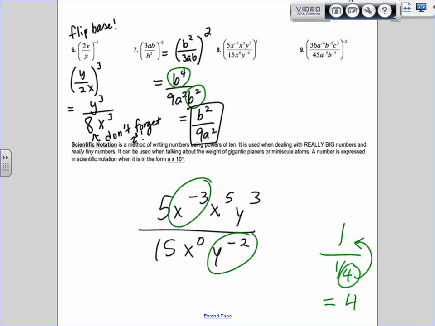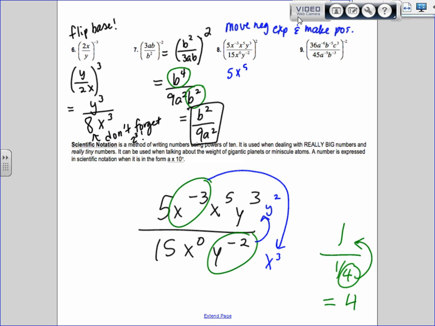Like I could write this out as 1 over x cubed and continue with this fraction. But basically what happens is it just goes to the opposite location. It comes down here and becomes x to the positive 3. And this one goes up here and becomes y to the positive 2. So before I even begin, I'm going to move the negative exponents and make positive. Okay, so what I'm going to do is I'm still going to have the 5.